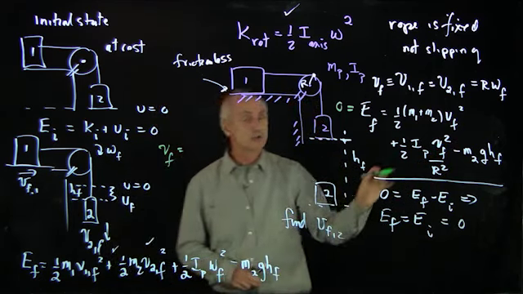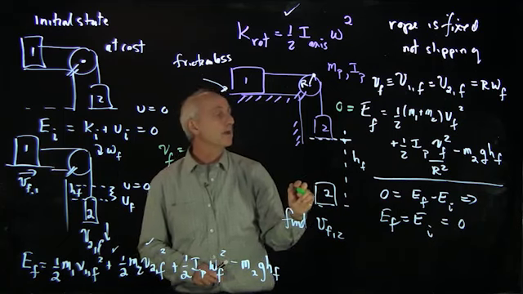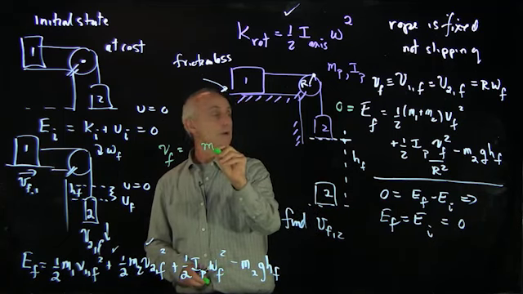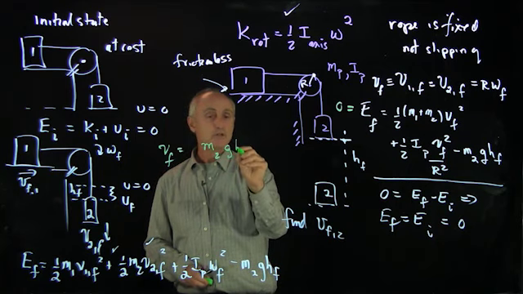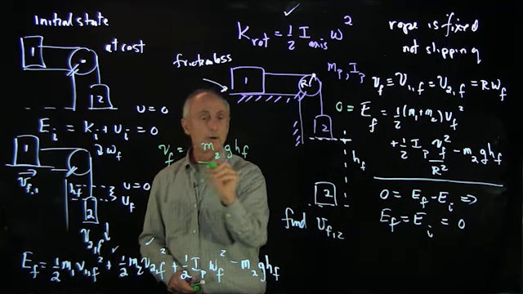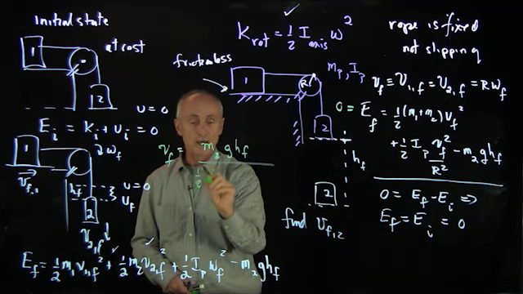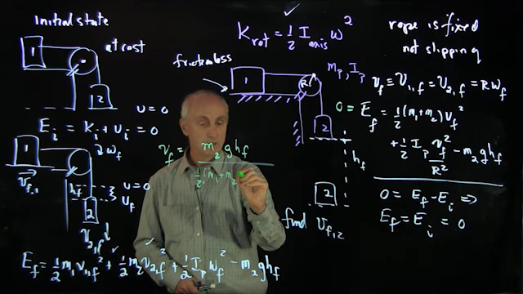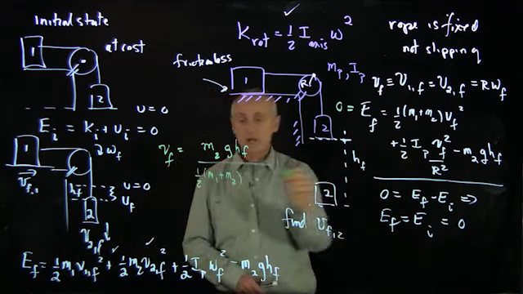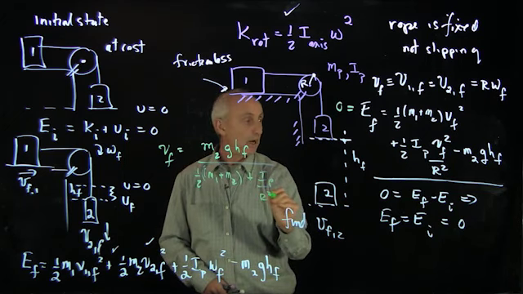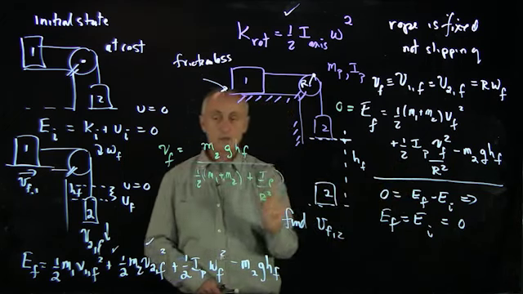And what I get is I'm just going to write all these terms over. I get m2 g h final. I'm going to divide by this common coefficient, 1/2 (m1 plus m2) plus the moment of inertia divided by radius squared.